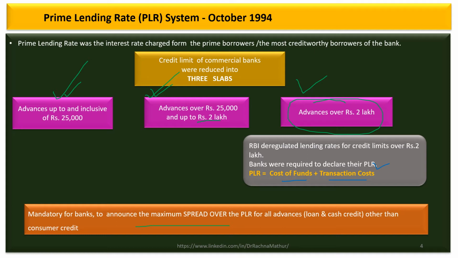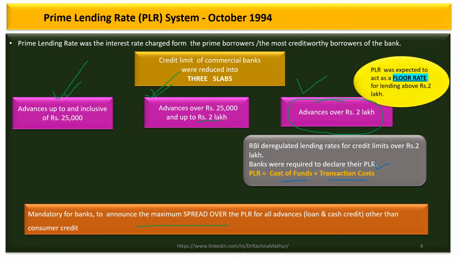Another important feature was that the prime lending rate was expected to act as a floor rate for lending above 2 lakh. That means all loans and advances given above 2 lakh must not be less than the prime lending rate.